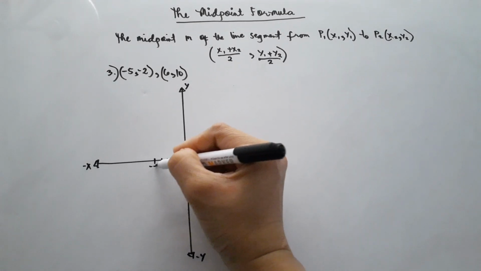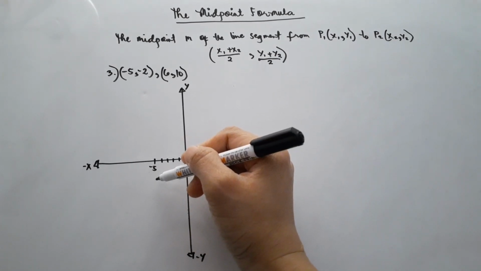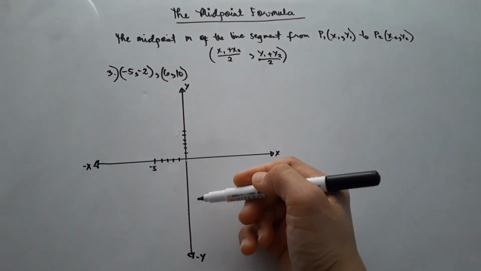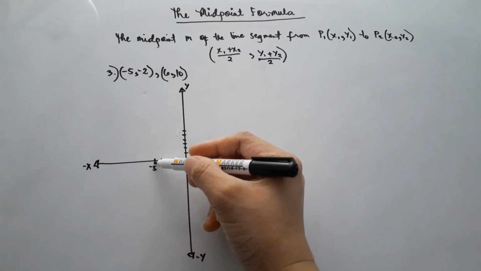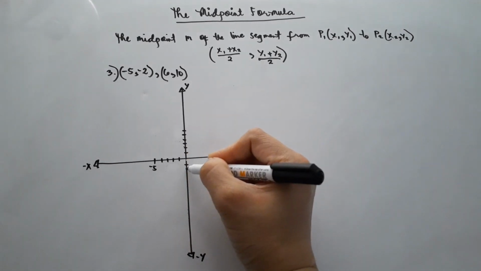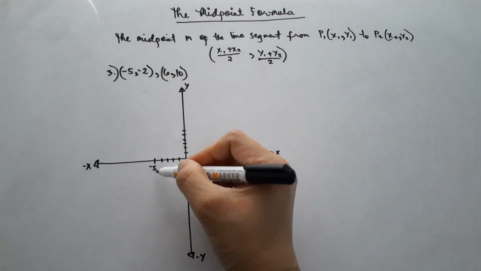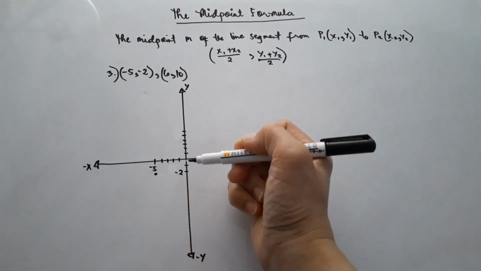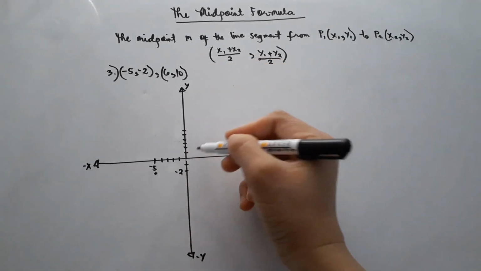So we have negative 5 going downward by negative 2. So this is negative 5 from point 1 and negative 2. So we have here point 1. And then our second point is 6 and 10.